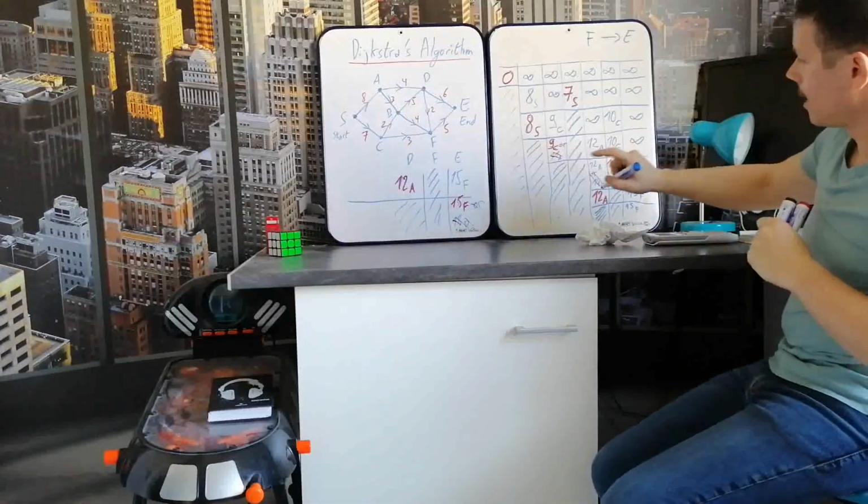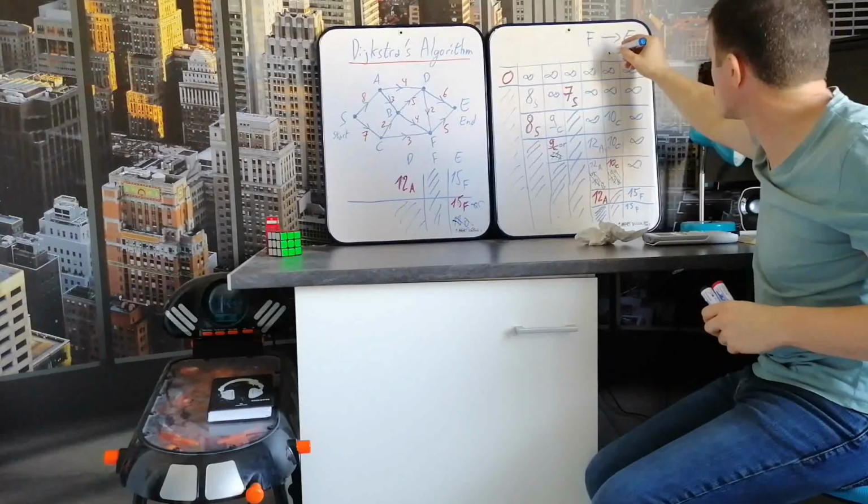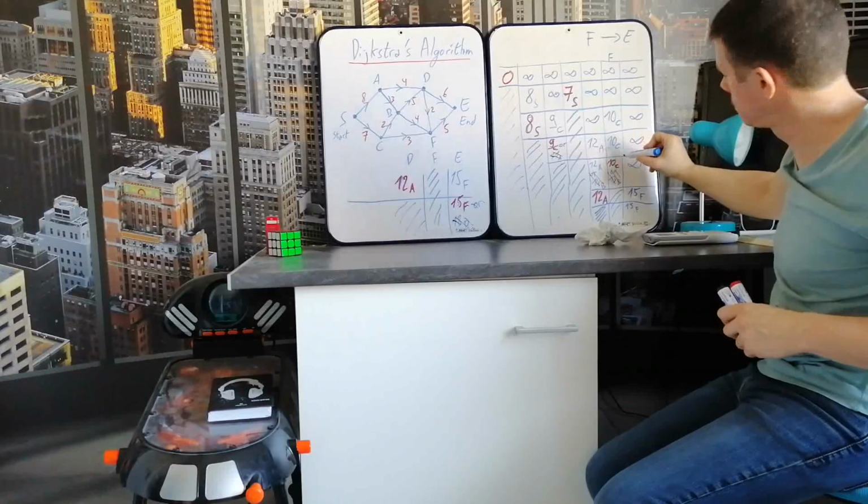Okay, so now I will look at the F column, it was this one, and at the F column I take the red number.